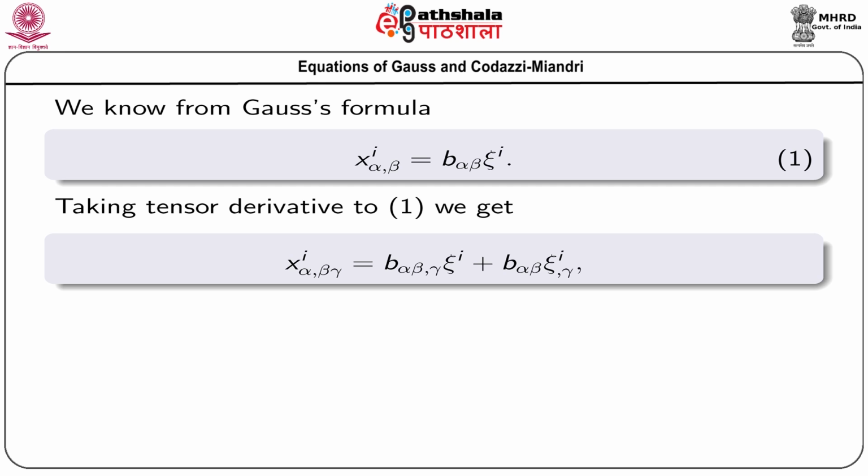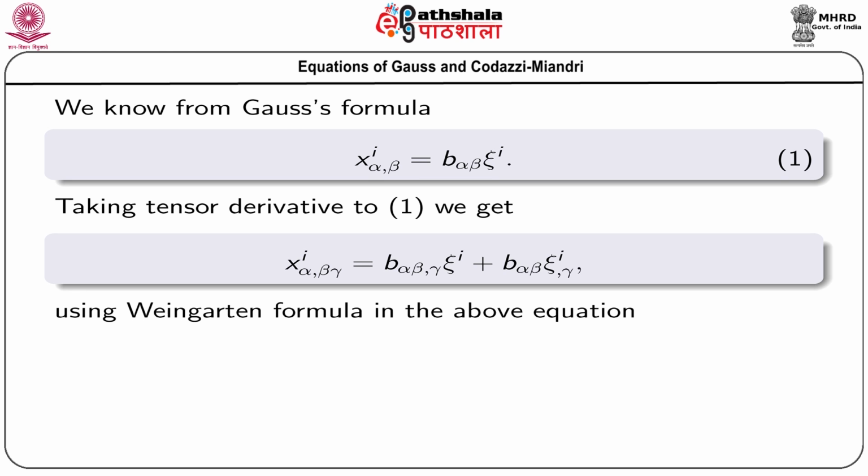Now, we can apply Weingarten formula for the second term and the above expression will reduce to this form: x I alpha comma beta gamma equals b alpha beta comma gamma xi I minus b alpha beta a rho nu b rho gamma x I nu.